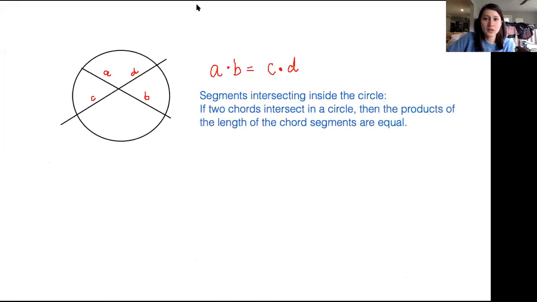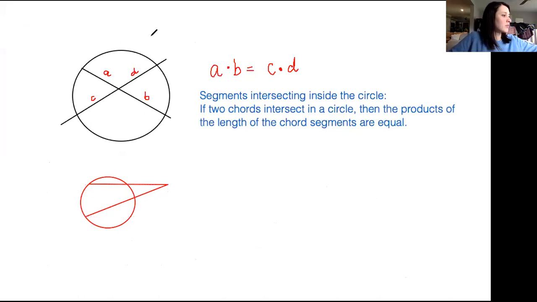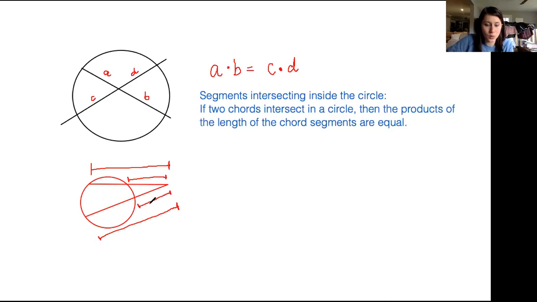So the big idea here is if you have two secants that are intersecting on the outside of the circle, then the products of the entire length of the secant, so the entire length times the part that's outside of the circle, when you multiply them, is equivalent to the entire length of the other secant and the product of it with the outside part.